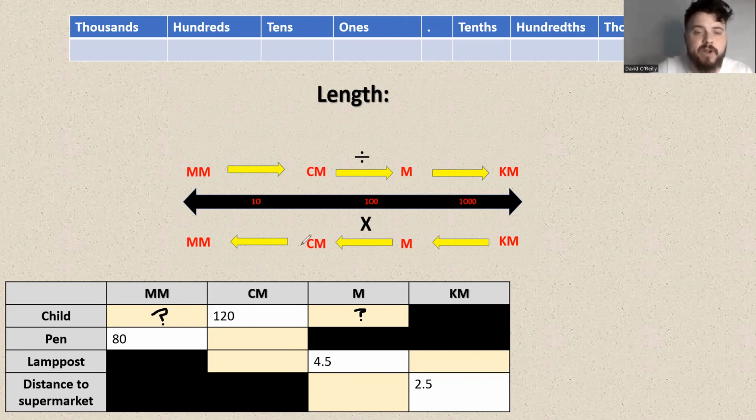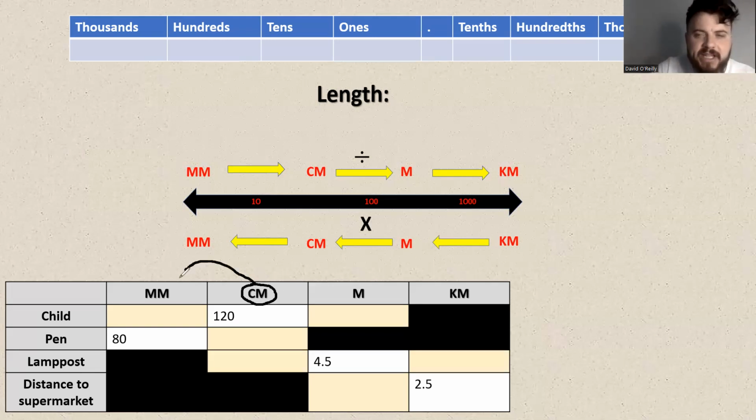Okay, watch very carefully. I'm going to talk slowly here. If I want to change from centimeters to millimeters, I need to look at my conversion table and find out, where does it say cm to mm? Is it up here?